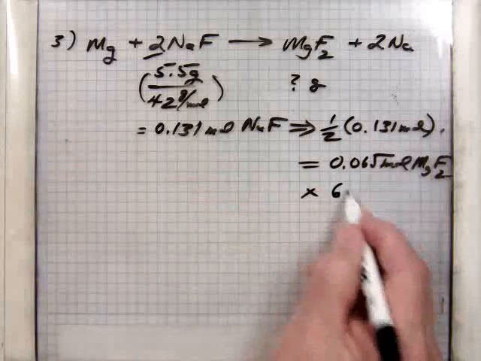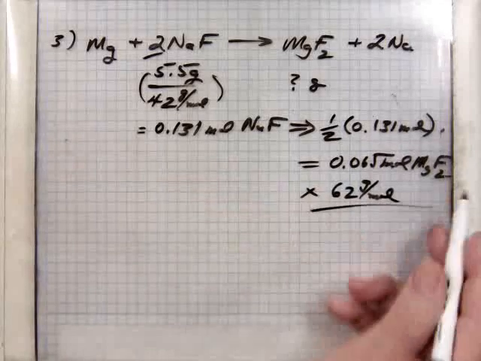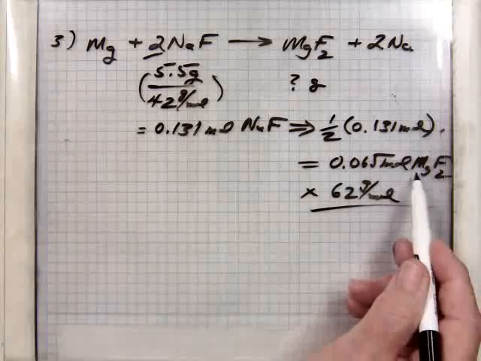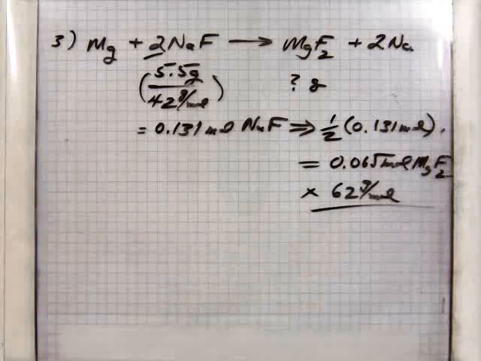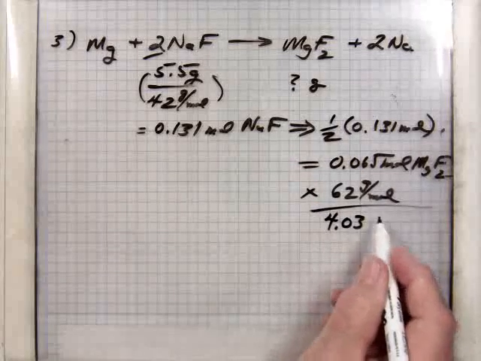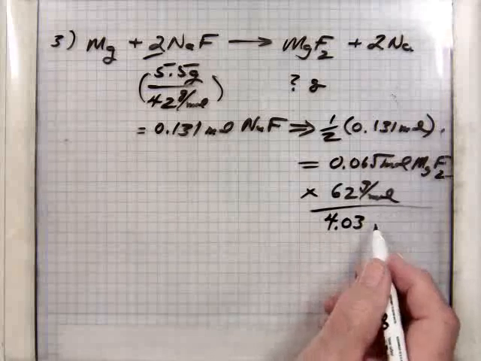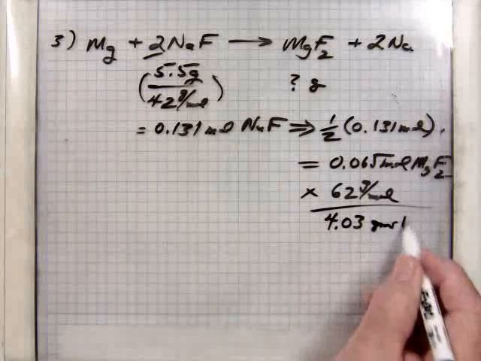62 grams per mole for the magnesium fluoride. 19, 19, and 24 is what I did. It's 62. And I get 4.03, 82 grams of the mag.